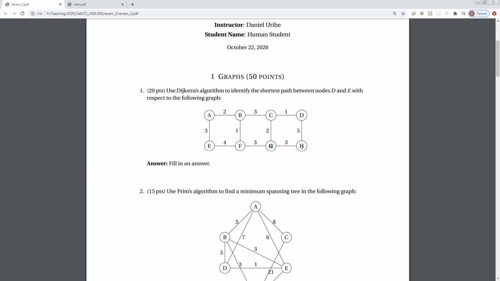And so we have exhausted those edges, and then that's it.